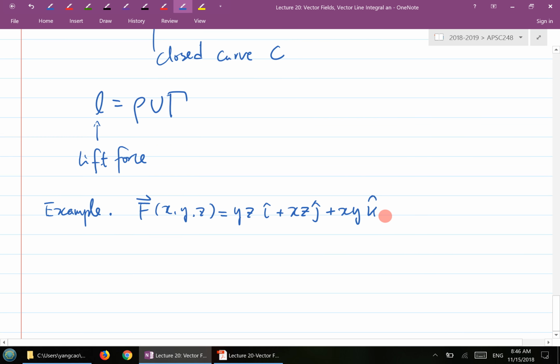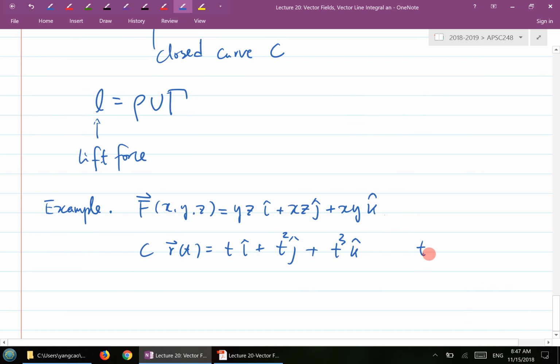Here's a 3D vector field, and the curve C is represented by a parametric equation: t i hat, t squared j hat, t cubed k hat, where t goes from 0 to 2.